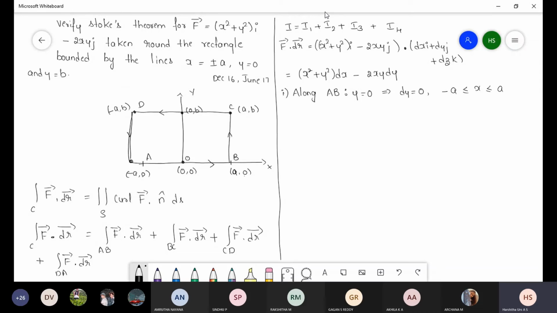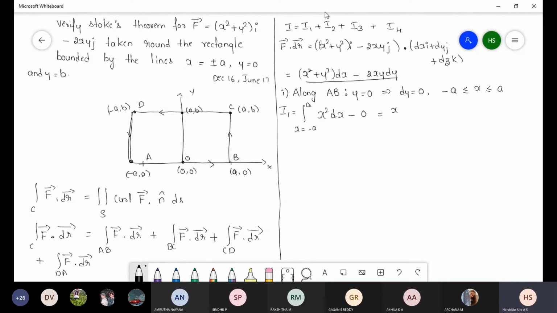Now I1, wherever y is there we have to write 0. So here where I have underlined, in the place of y and also in the place of dy we have to write 0. So x square plus 0 means x square into dx. Second term completely it will become 0.